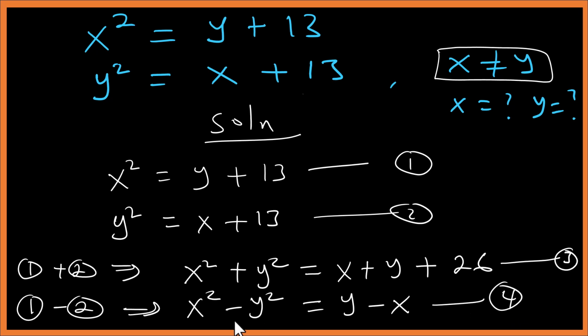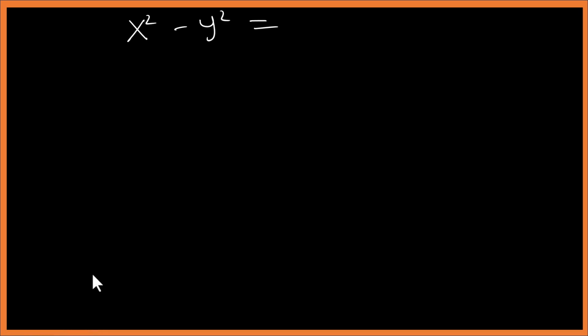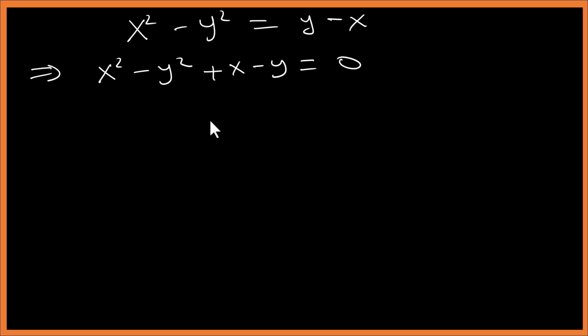Now let's build on equation 4. x squared minus y squared equals y minus x. So it's the same as x squared minus y squared plus x minus y equal to 0.